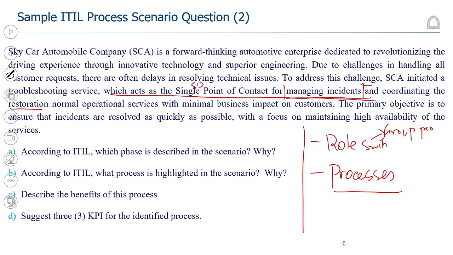We are talking about the restoration of the normal operational services with minimal disruption. The primary objective is to ensure that the incidents are resolved as quickly as possible with focus on maintaining high availability of the services. So that one there, for example, is incident management, okay? This is service operations.